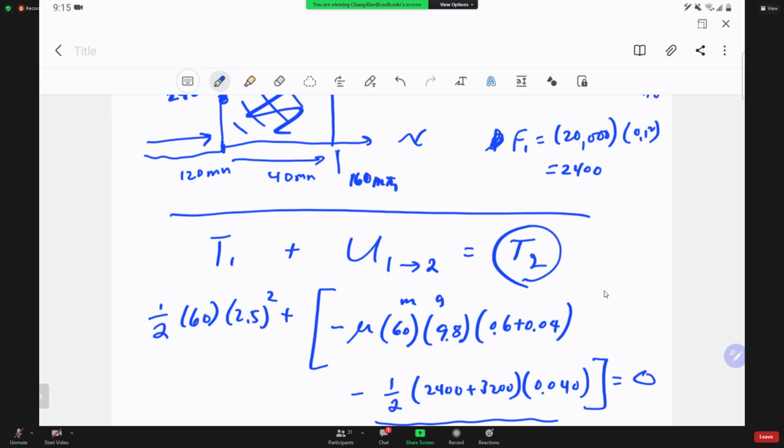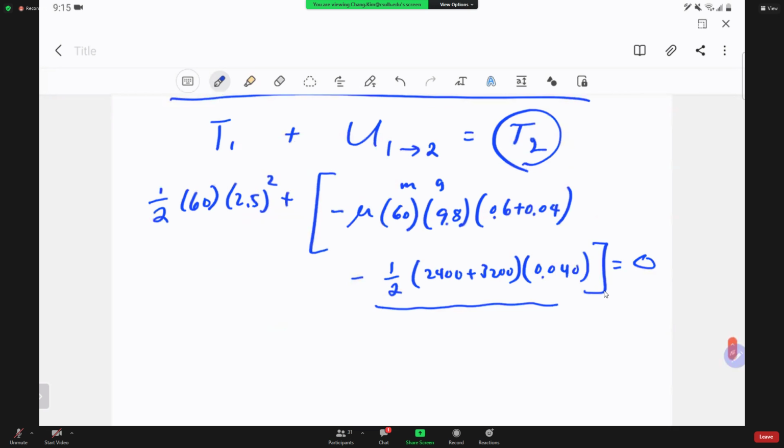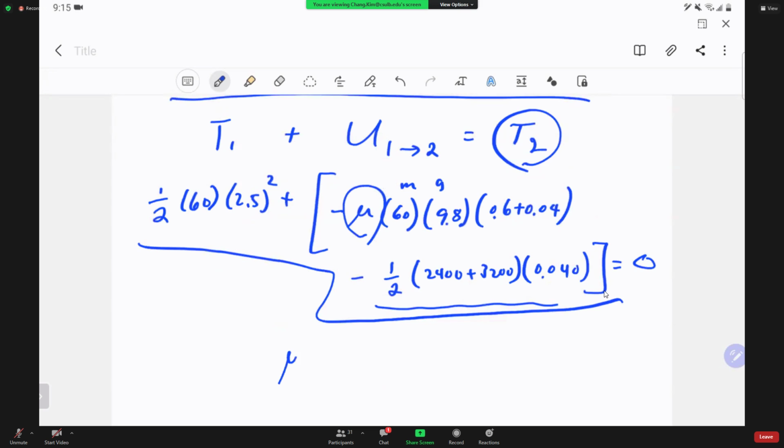At this position T2 is 0. When you work this out, you have only one equation with one unknown, the coefficient of friction. It came out to be fairly close to 0.200.